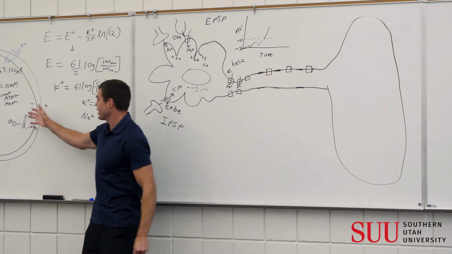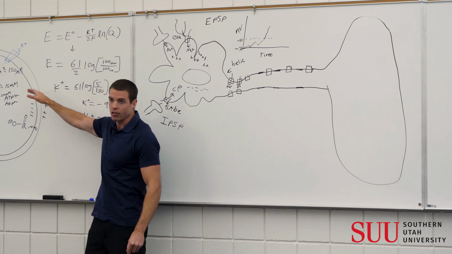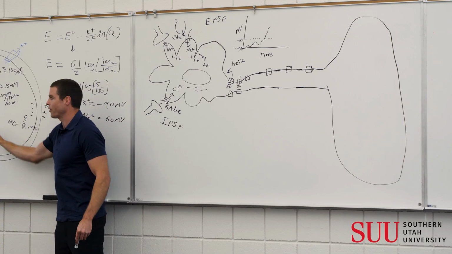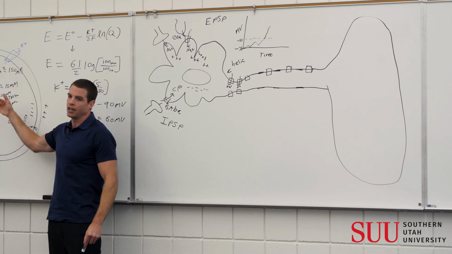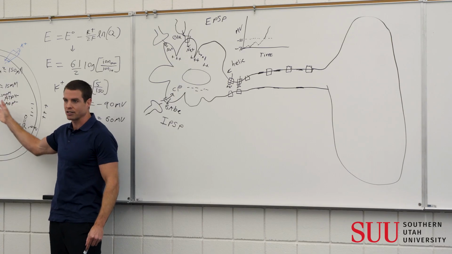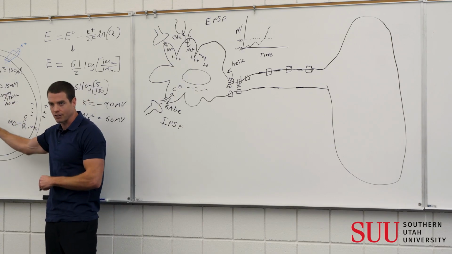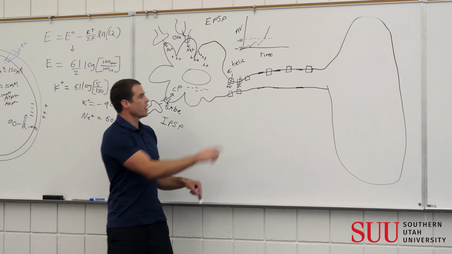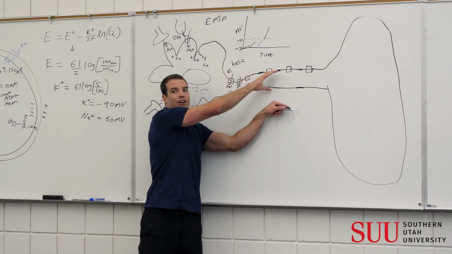So when you have a cell like this and you try to do an action potential, a lot of that voltage, those ions, they diffuse all throughout the cell. You have mitochondria, the Golgi apparatus and all these other organelles and lysosomes and so on. So that charge is lost a lot over here. Whereas over here, guess what? This is a really skinny part of the cell right here.